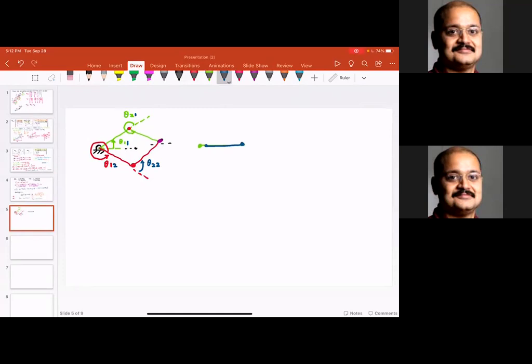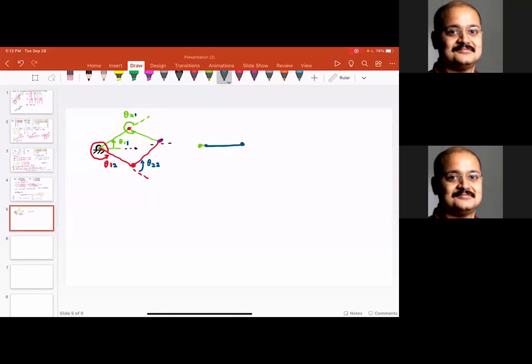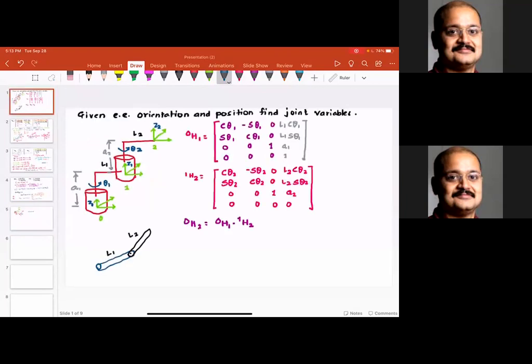There is another way of solving this problem, and for that we looked at the analytical solution. You can actually solve this problem numerically. If you have a very complex equation, then you can use some sort of numerical algorithms. But before we go there, I just want to take one more case of the same robot problem. Everyone understood this two-dimensional robot, how to find theta 1, theta 2.